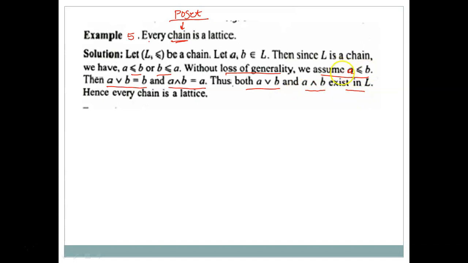So it has been written here that if we assume A less than or equal to B, then it will happen automatically. I want to elaborate further how it can happen.